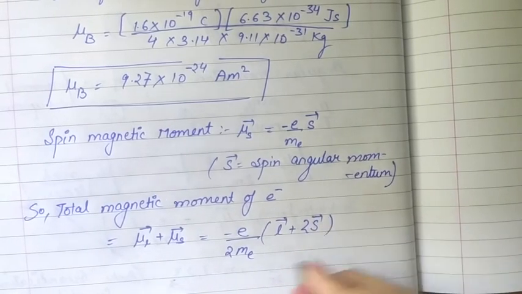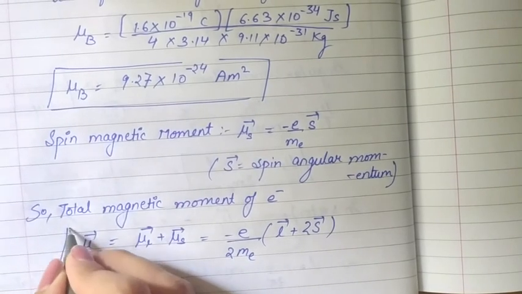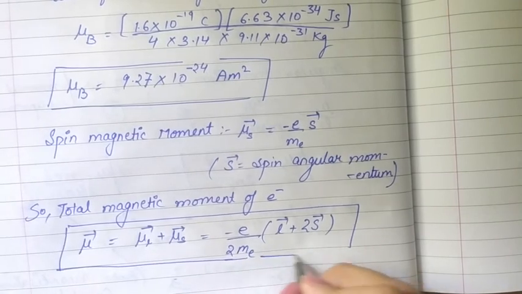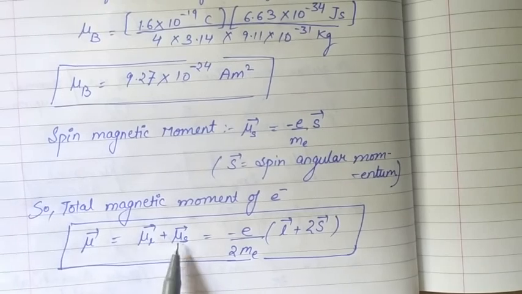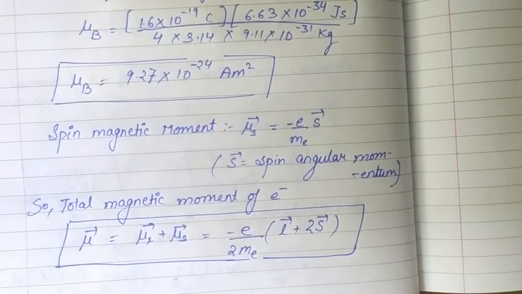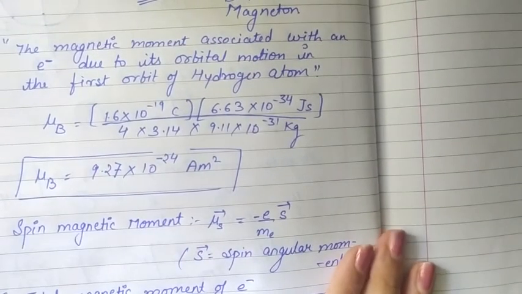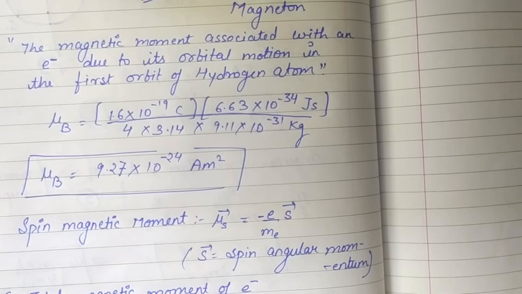If we add these, we get this value, and we represent it by mu vector. So mu vector is the total magnetic moment, mu L is the orbital magnetic moment, mu S is the spin magnetic moment, and by adding these two vectors, we get the total magnetic moment of the electron. So this is the magnetic moment of an electron revolving around the nucleus.